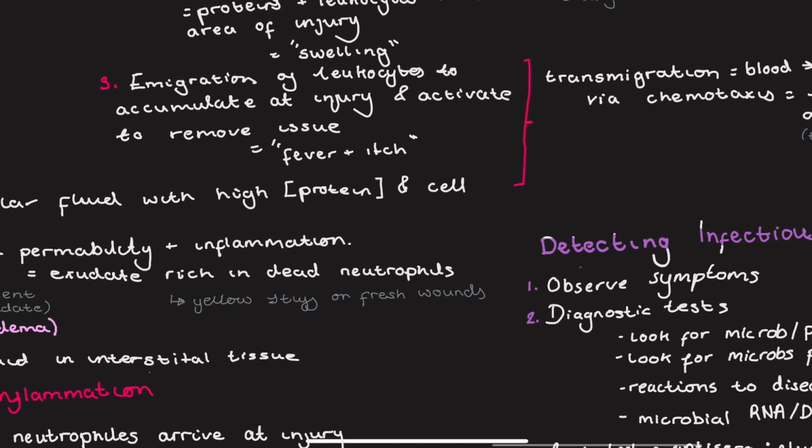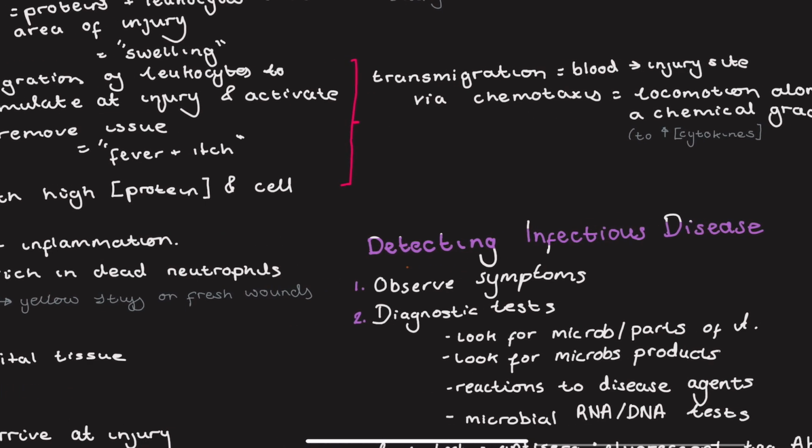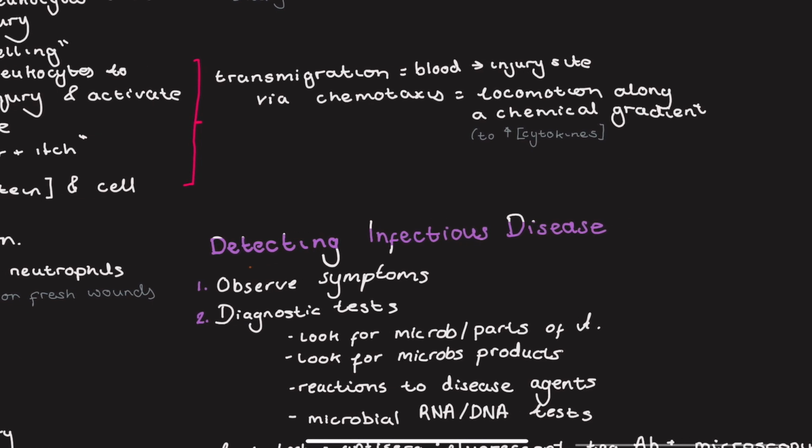Going a bit back to the immigration of leukocytes, once a leukocyte leaves the bloodstream, it migrates towards the injury or inflammation by a process called transmigration. They do this via chemotaxis, which is a locomotion along a chemical gradient, so from an area of low to high density of cytokines.